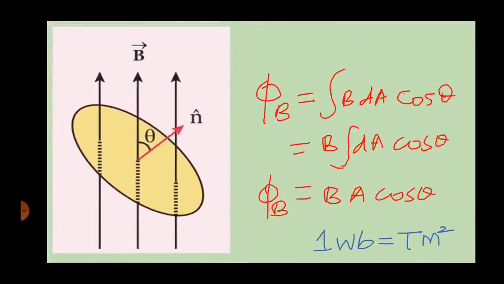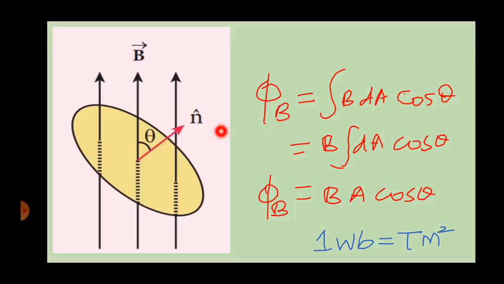On the other hand, in this case, now consider the area perpendicular to the normal vector. The magnetic field is a constant. Here magnetic flux phi B is equal to the integral of B dA cos theta. B is nothing but a constant magnetic field. Integral of dA into cos theta.